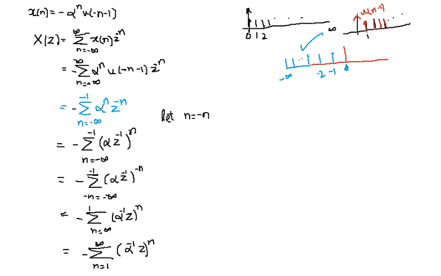So which will be given by, now to solve this equation we need to set up a condition. So what is the condition? Consider that this alpha raised to minus 1 into z is less than 1. So by considering this, we approximate this equation as 1 divided by, but the summation starts with 1.